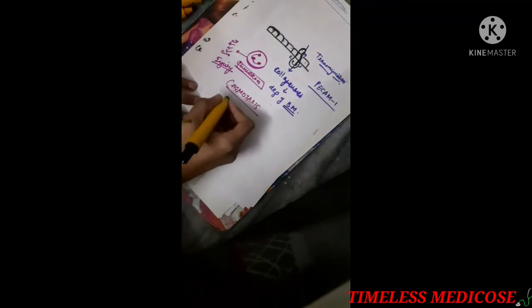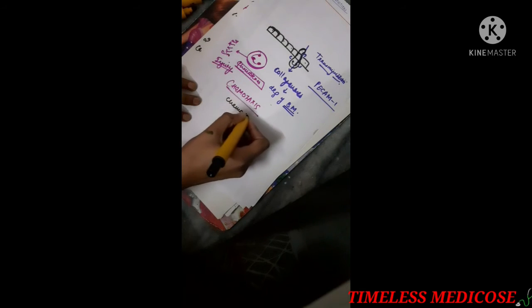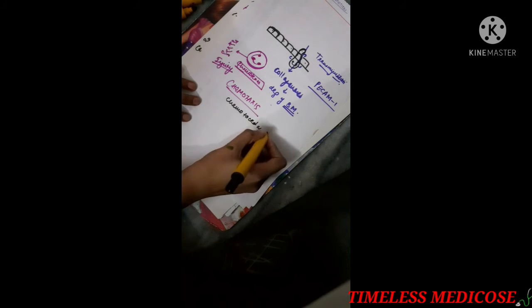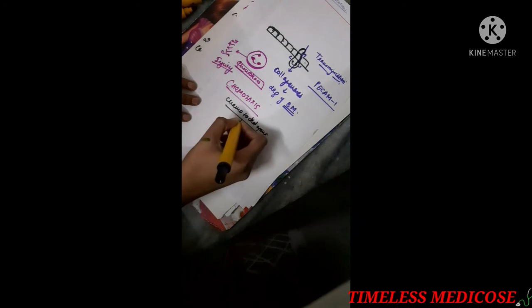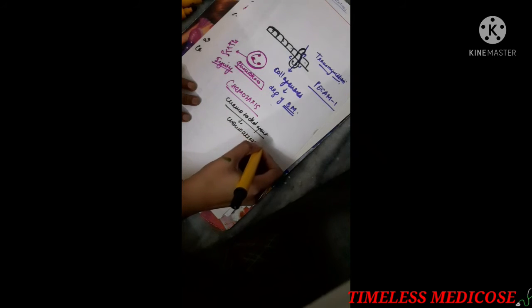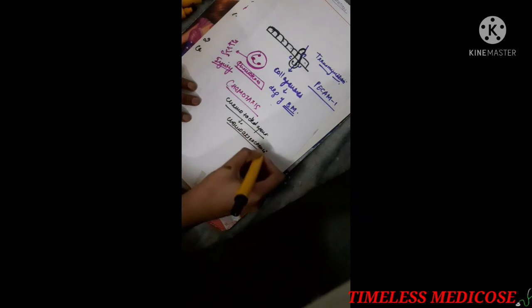Now what is chemotaxis? Chemotaxis is the migration of the leukocytes through the chemotactic agents to the site of injury. Now what are these chemotactic agents? These are mainly mediated by chemoattractants.